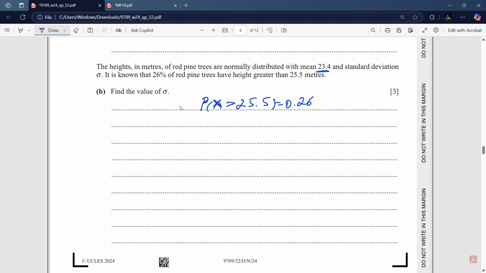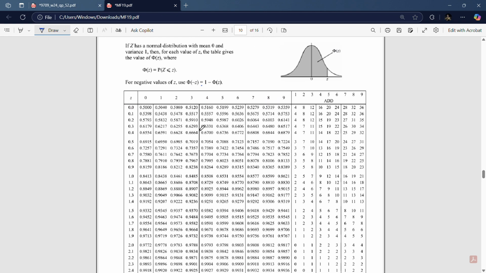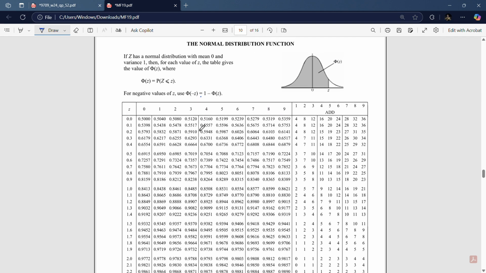So first we will find a value of z, which gives us 0.26. In the normal distribution table we don't have a value which is less than 0.5, so we can find a value which gives us 0.26 when it is subtracted from 1.